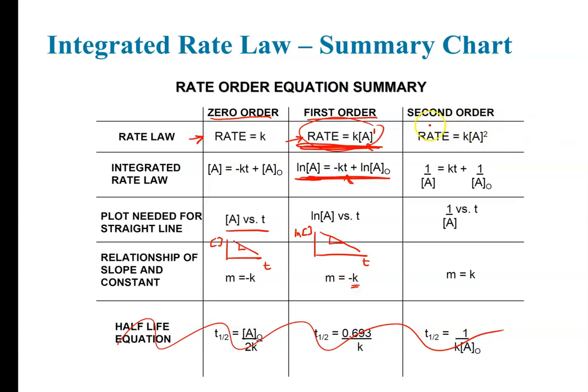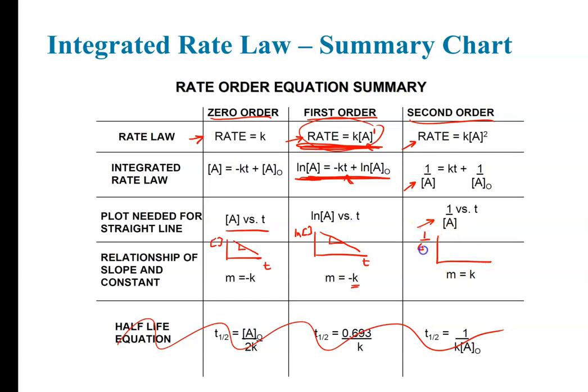If a reaction is second order, its differential rate law would look like that. The integrated rate law would look like this: the inverse of the concentration of A equals kt plus 1 over the initial concentration of A. Again, to identify it as a second order reaction, if you're not using the method of initial rates but a data set of concentration versus time, and the plot of the inverse of the concentration of A versus time is linear, then you know it's a second order reaction.